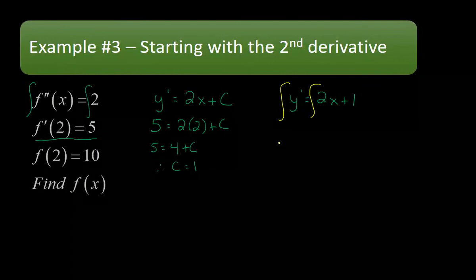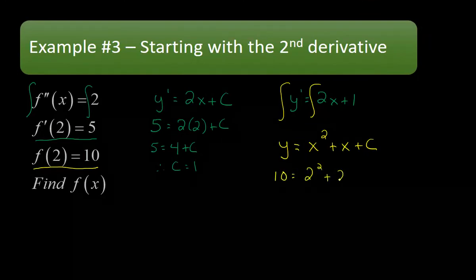Integrating y prime bumps us down to y. 2x will be x squared plus x plus c. And then we have to use the initial condition for the original function, which is 10, 2 squared plus 2 plus c. That's going to be 6 plus c here.